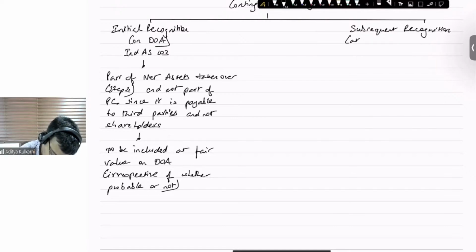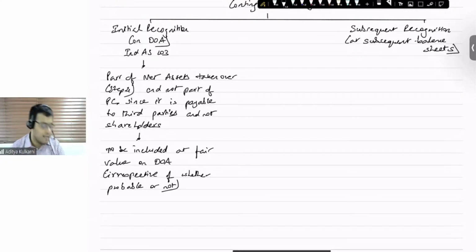That means at subsequent balance sheets, Ind AS 37 will apply. Now, how to get what Ind AS 37 tells?